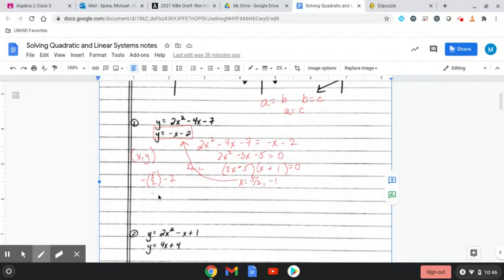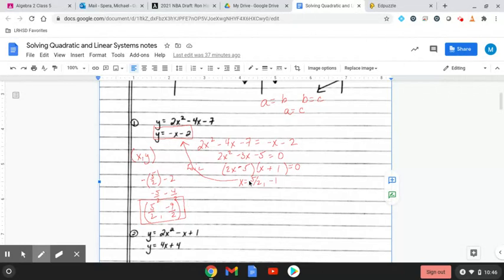We need a common denominator, so that'll be negative 4 over 2, and we would get negative 9 over 2. When x was 5 over 2, y came out to be negative 9 over 2. That's one of our answers.